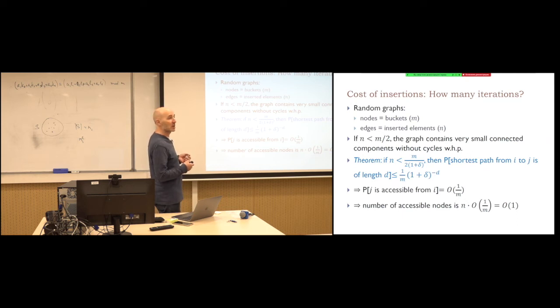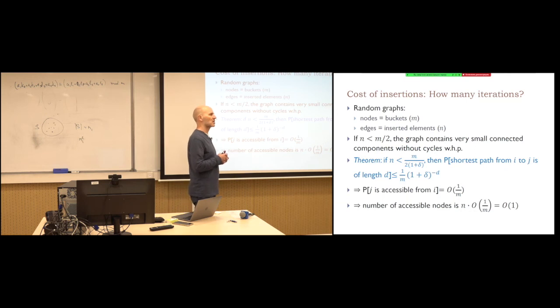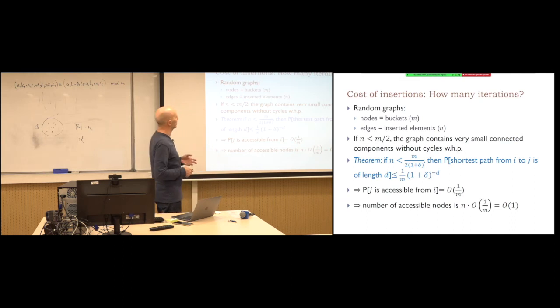So the hash functions are good, so they distribute objects uniformly and also independently of one another. Every edge is basically a pair of buckets. Yes, absolutely, I assume that every pair of buckets is equally likely.